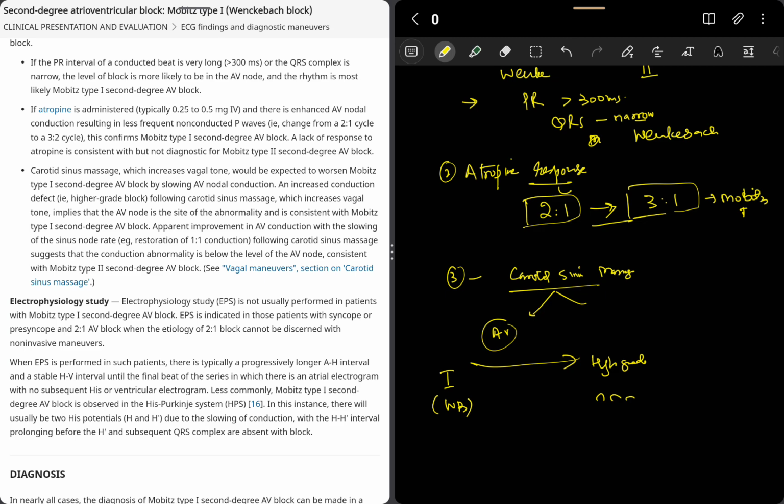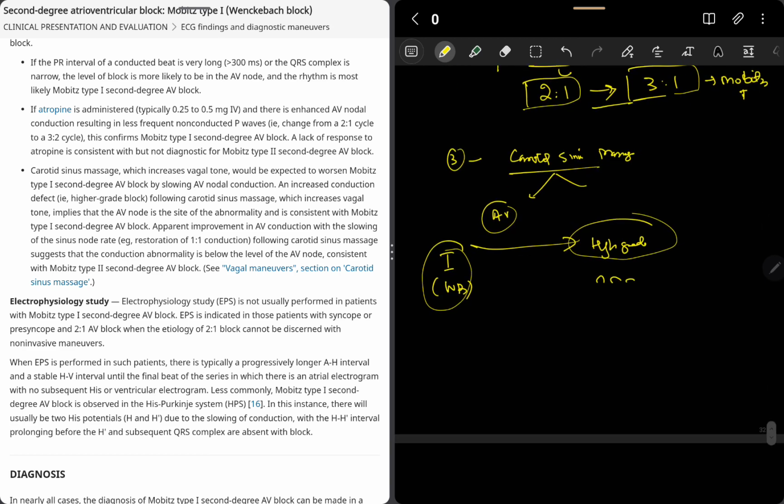This phenomenon will only occur, that is Mobitz type 1 will get converted into high grade, but this is a risky procedure. But this maneuver, although risky, will confirm that progressive increase in PR interval will convert the Mobitz type 1 or Wenckebach into high grade AV block.